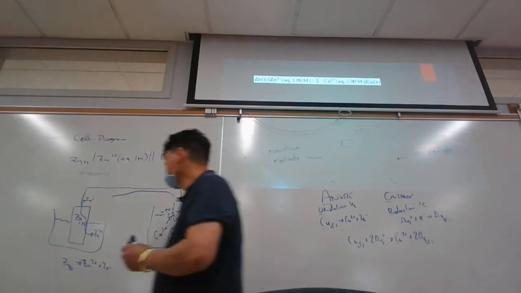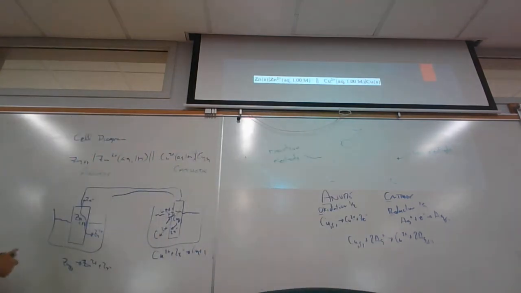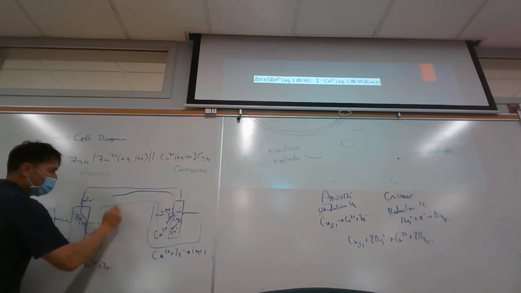So we can label this diagram here in the schematic. This is going to be the anode. Anode is where electrons are being generated. So anode is where oxidation occurs. Oxidation is going to generate the electrons, and the electrons are going to flow left to right. As long as I have a salt bridge in here, I'm missing that, so the salt bridge.